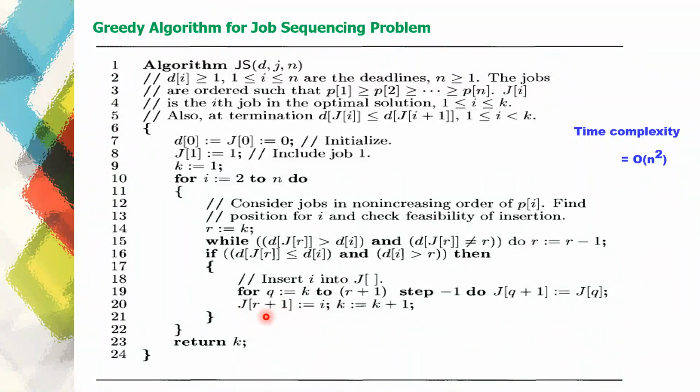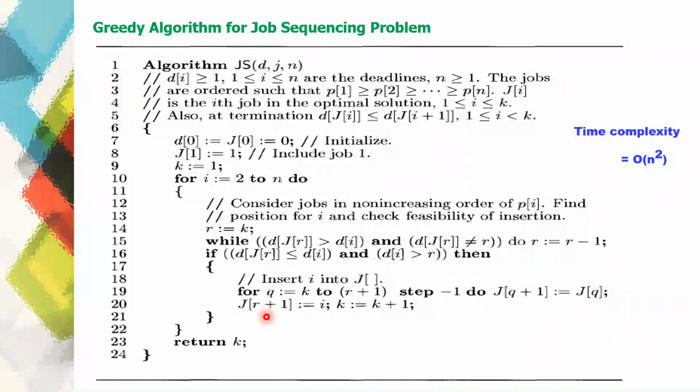Ith job is inserted into the empty slot. Now, ith job, can it be inserted into the empty slot or not? That also you have to decide. For that, you are going to check these two conditions. And if these two conditions are true, you are going to insert ith job into the empty slot. Otherwise, you will not insert.